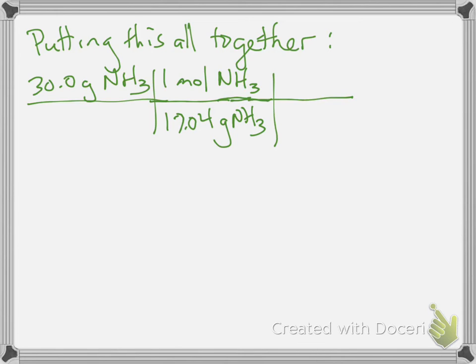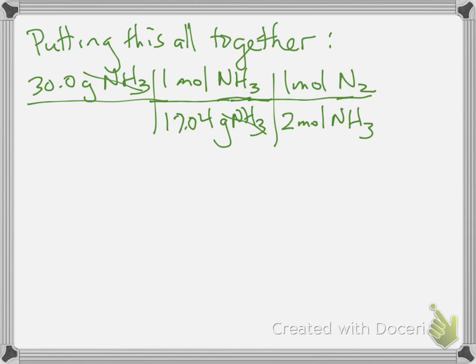We don't use the equation yet. Now, once we have the moles of the substance that we start with, we use the mole ratio to convert between the moles of one substance and the moles of another. So we had our 2 moles of ammonia in the equation and 1 mole of nitrogen, because the question asked us about nitrogen.